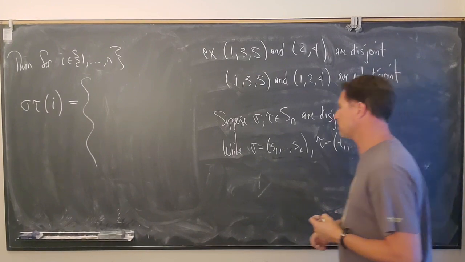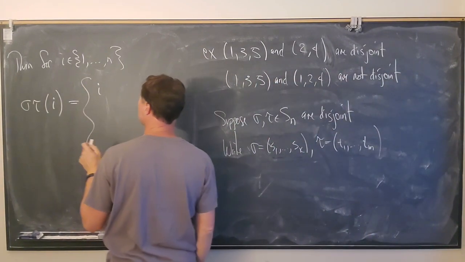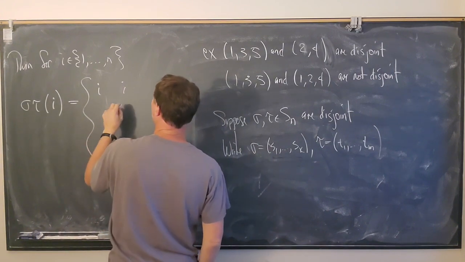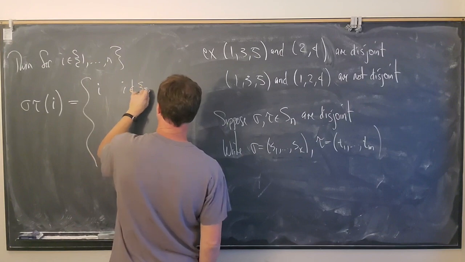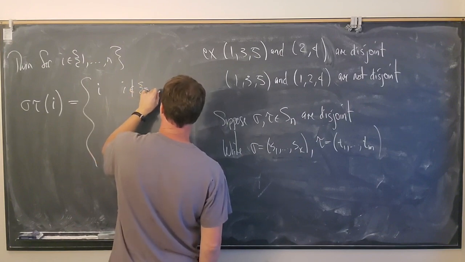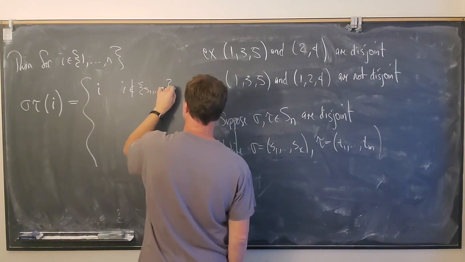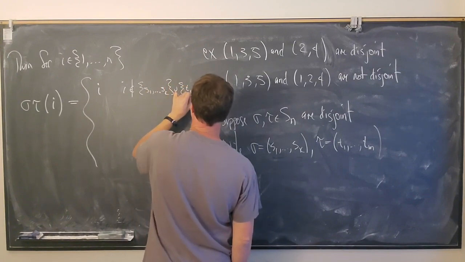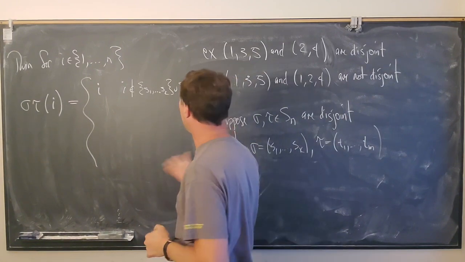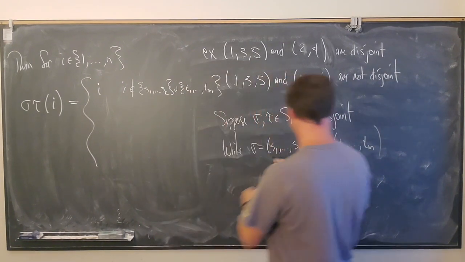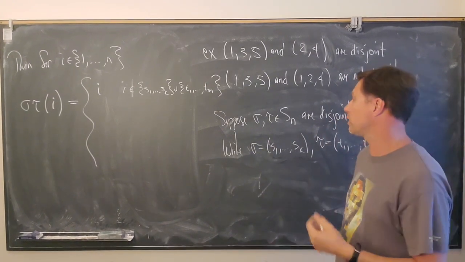In that case, it's just going to be I. So this would be if I is not in {S1 up through S sub k} union {T1 up through T sub m}. If you don't see I appear in either one of these, then sigma is not going to do anything to it, tau is not going to do anything to it, so nothing happens.